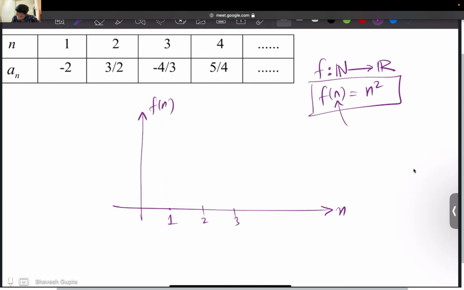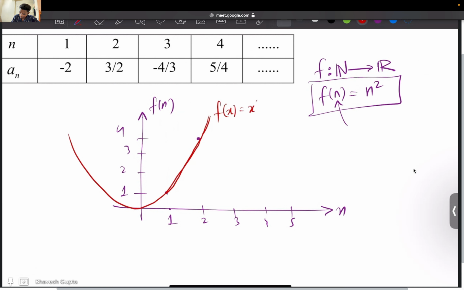So what kind of things will you see here? For example, let's say 1 and 2. For 1 it will be 1 squared, which is just 1. For 2 it will be 4. So you can see it turns out to be this. This f(x) is actually x squared, but over here you can see some points.